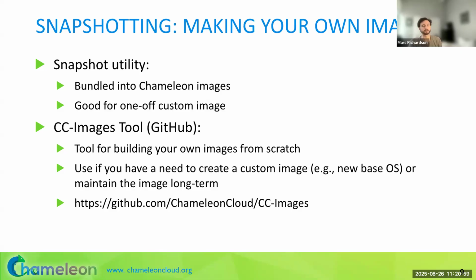But you can also save the status of your work by using our snapshot utility, CC snapshot, which will statically save your image at the moment that you run it, and then you can come back and reboot that image on another instance or at a later time.